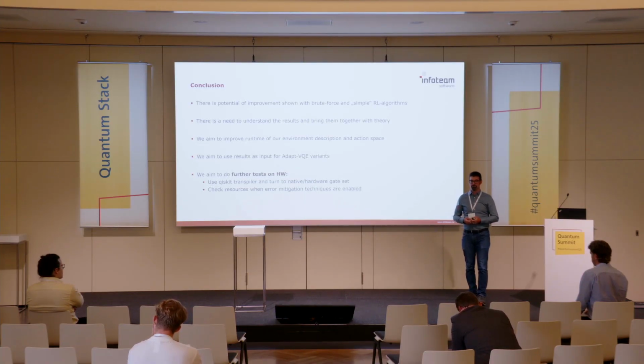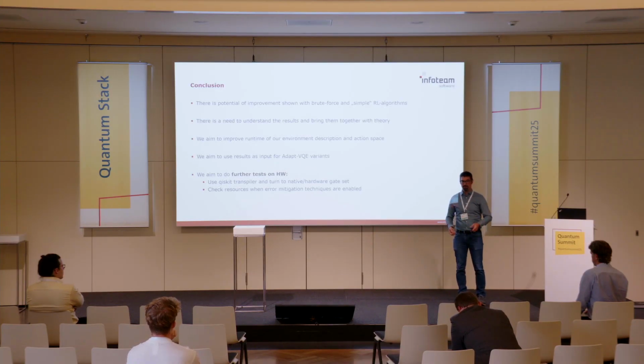And we want to exchange the algorithm. For now, we used plain VQE. We know that with ADAPT-VQE we can get several savings in runtime, so maybe faster results for our policies.